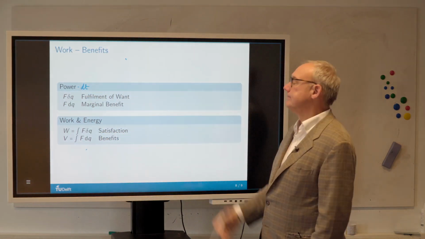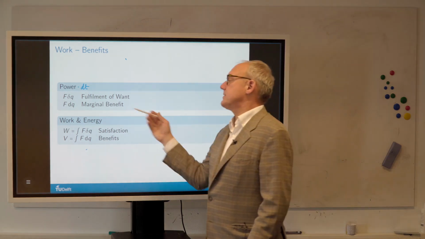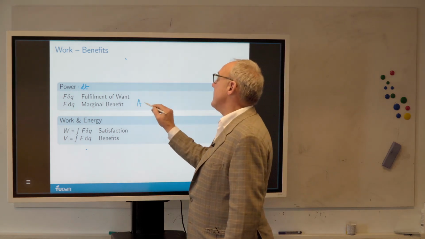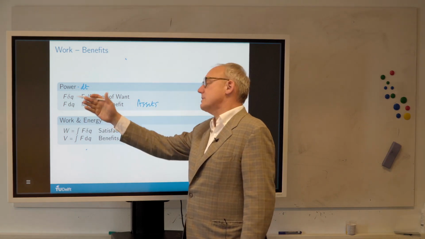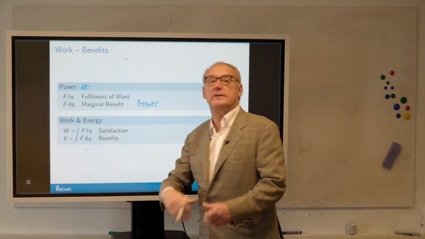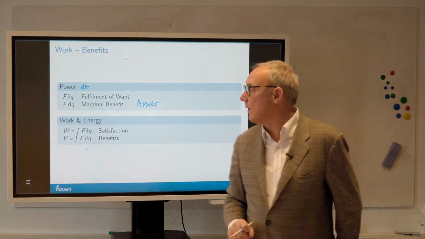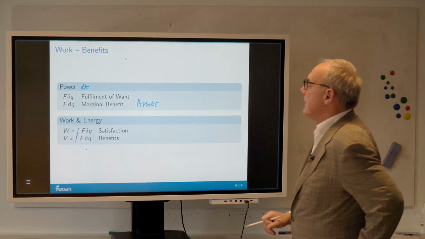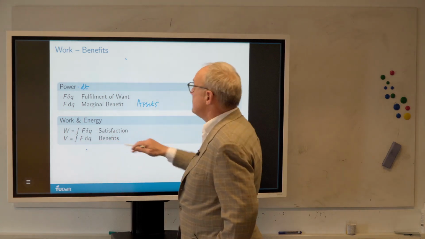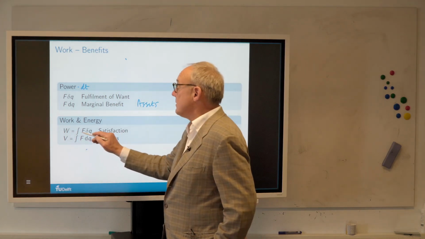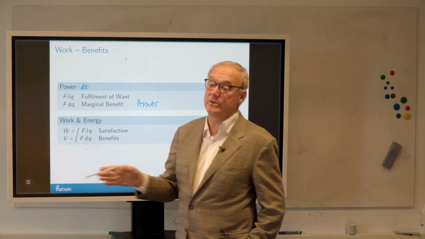So a marginal benefit is something that you control, which is about your assets, and it's a slight detail as a difference with the act of actually fulfilling this want. And then you can integrate this out, and as you know, there's a difference between the work, that is just the total satisfaction, but that's going to depend on this path that you took.